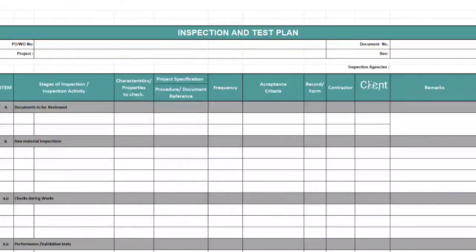The activity name, maybe it may be a documentation, maybe a raw material, maybe a storage, maybe a finishing or handover. Okay, and the involvement of the agencies. Sometimes the third party laboratory will be involved in the activity like testing or something. Then sometimes the client will be involved for witnessing level.